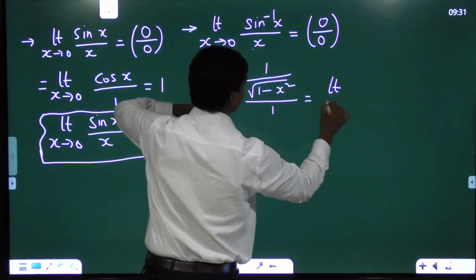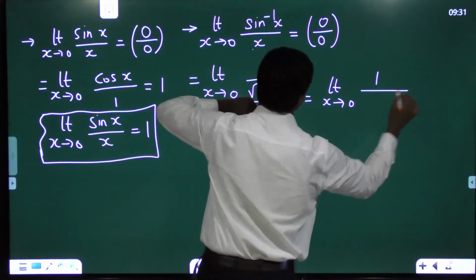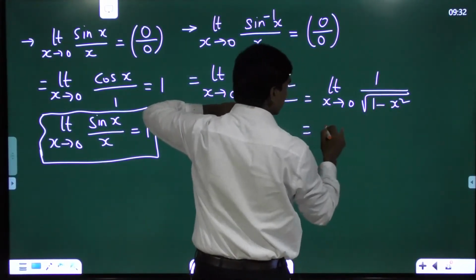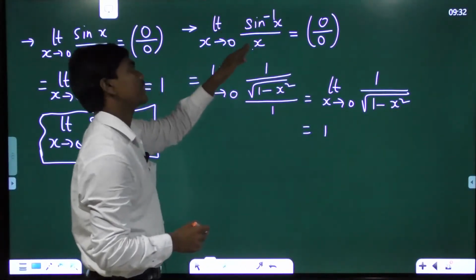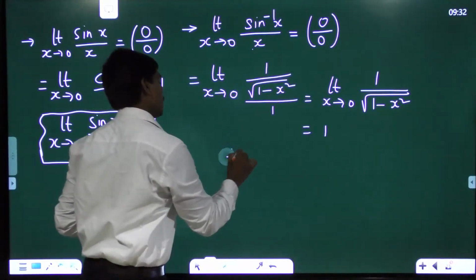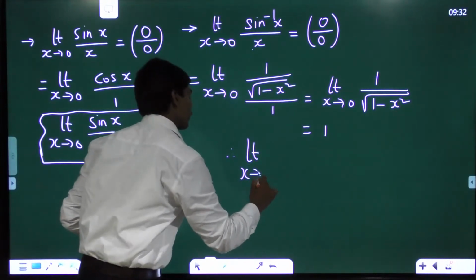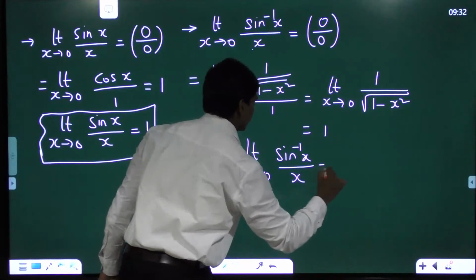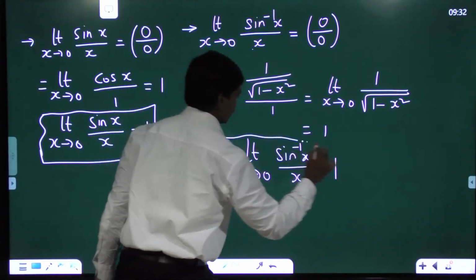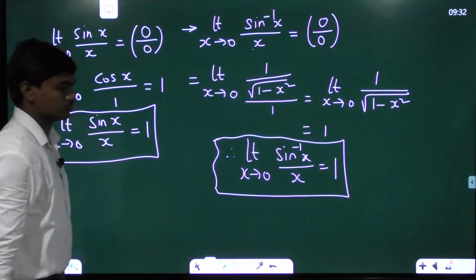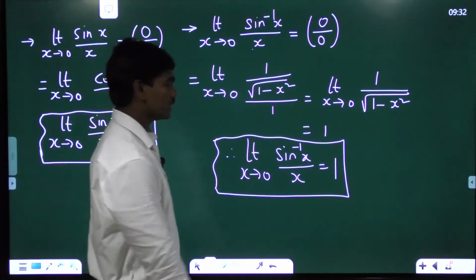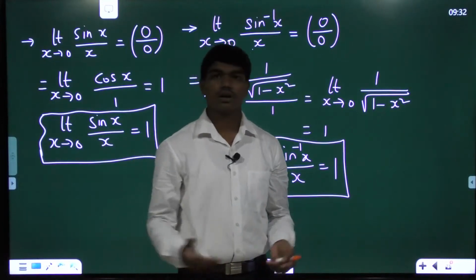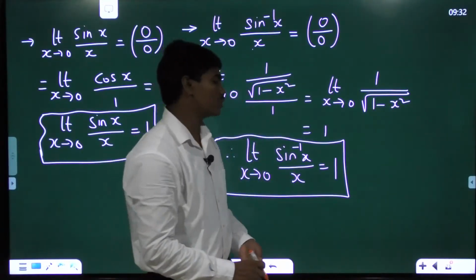So which is basically limit x tends to 0, 1 by root of 1 minus x squared. And if you put x is equal to 0 here, you'll be getting 1. Okay. So sin inverse of x by x, limit x tends to 0, is equal to 1. Yes, Gauri, it's correct. It's 1. It's all just a basic application of this L'Hospital rule.